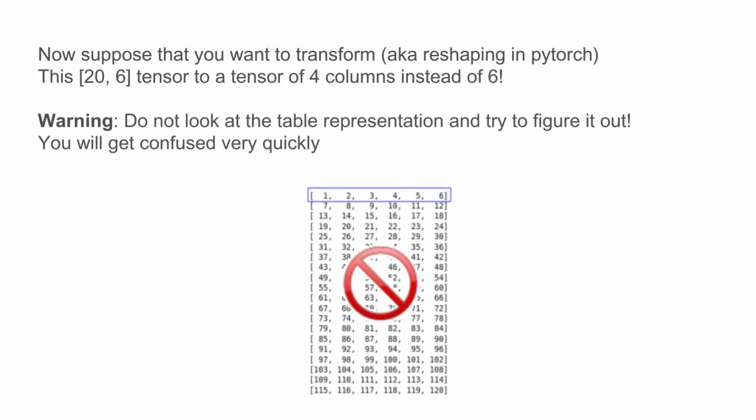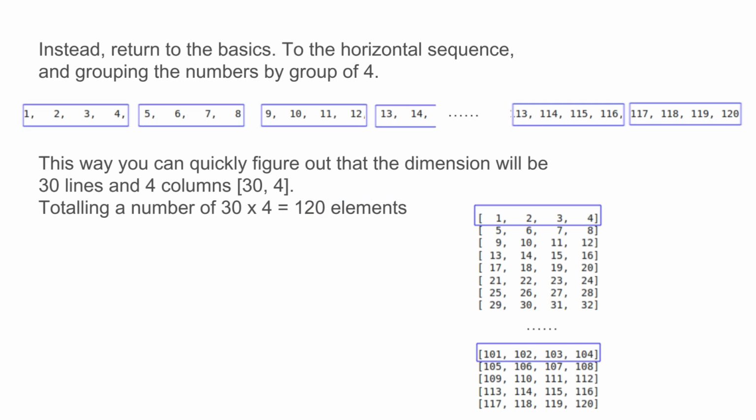Warning: don't try to figure this out just by looking at the table representation. You'll get confused quickly. Instead, focus on the number of elements. Since we started with 120 elements, we need to find a shape that still multiplies to 120 while having 4 columns. Let's explore how this transformation works. Instead of trying to reshape the table visually, let's go back to the basics.